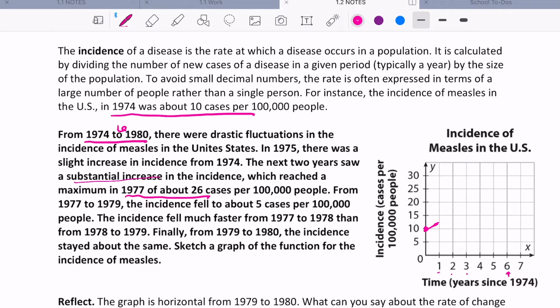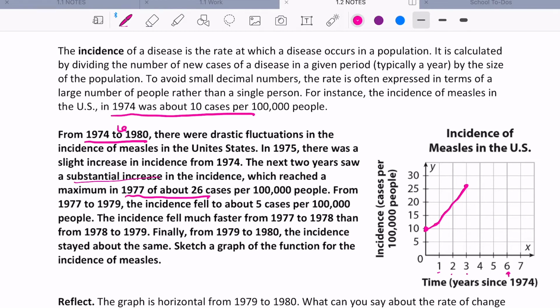So 1977 is 3 years after 1974, and we have a maximum of 26. I know there's going to be a turning point here, and we can see that substantial increase from 75 to 77, the next 2 years. Okay, there's our substantial increase.